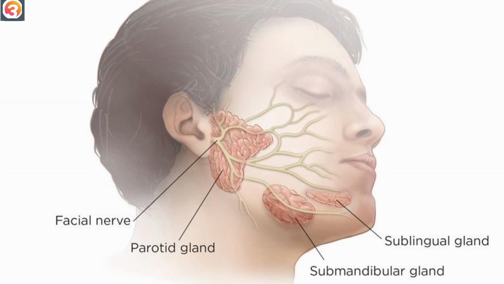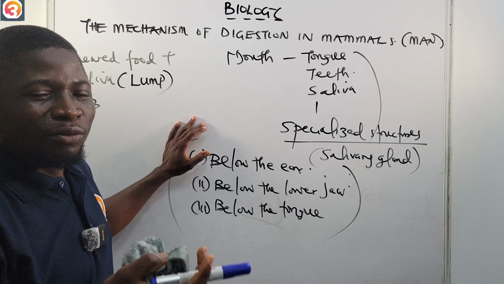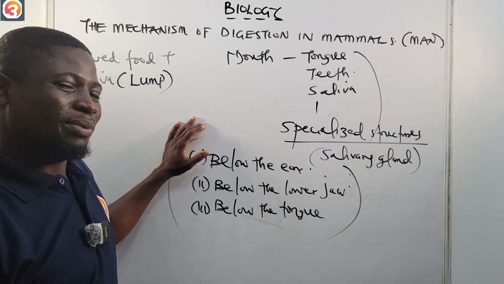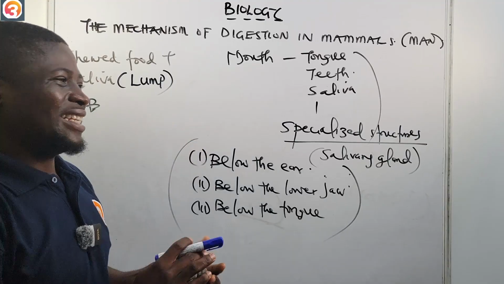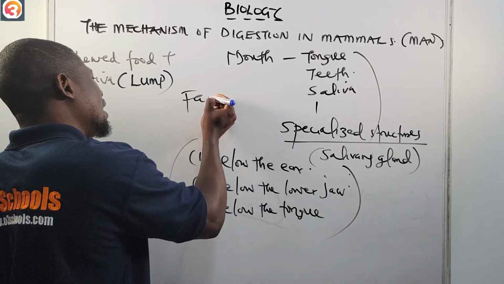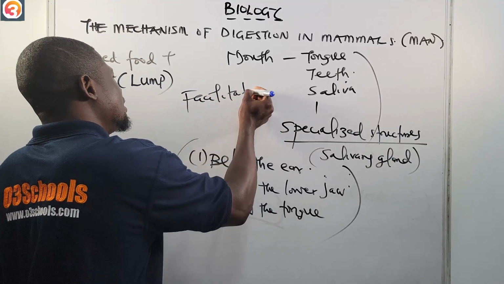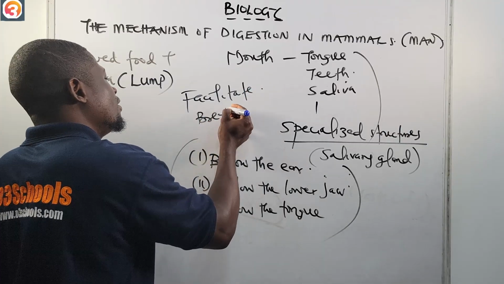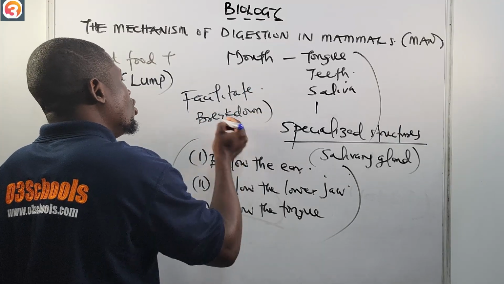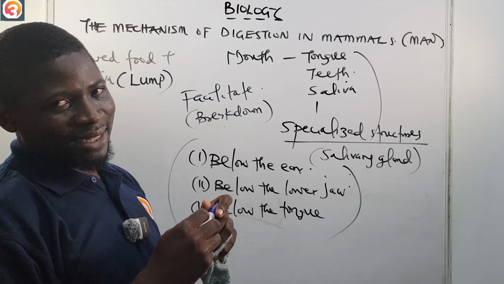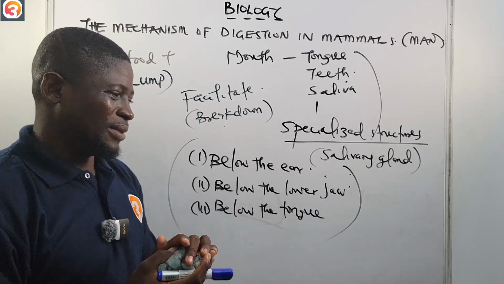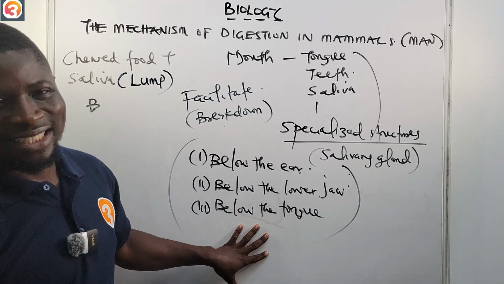And what are the functions of these salivary glands? They facilitate the breakdown of complex food substances or molecules into simpler forms. That is the function of the salivary glands.